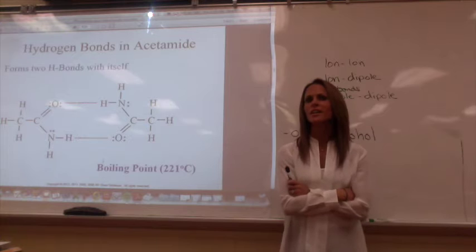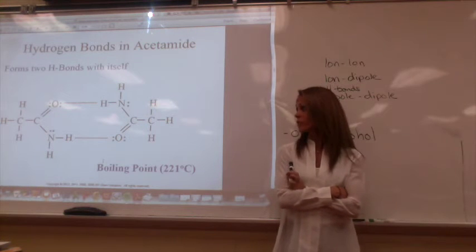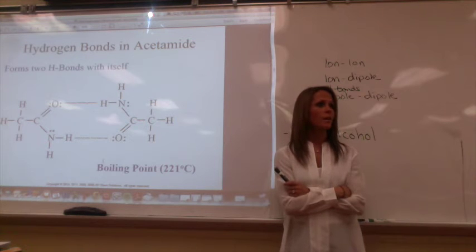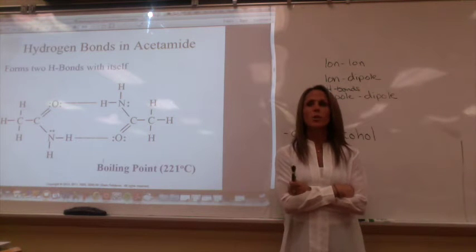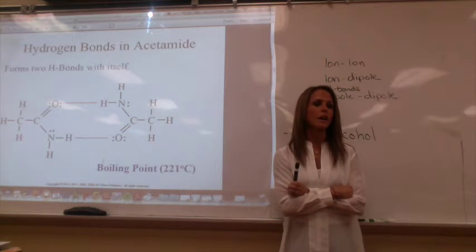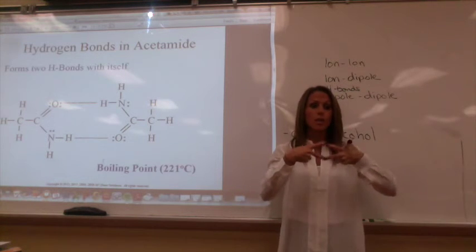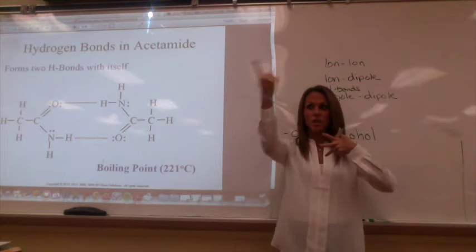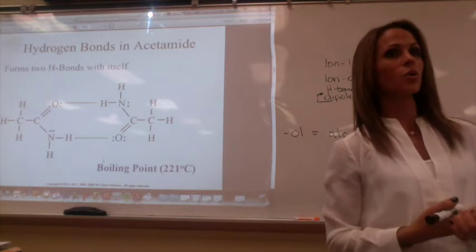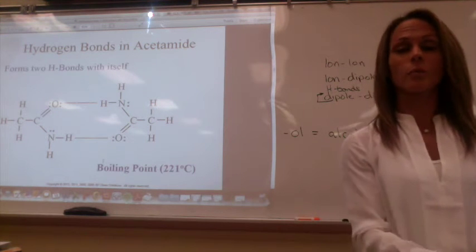Well, the hydrogen bonds are stronger in general, but why is acetamide, yep, has more hydrogen bonds? So when water hydrogen bonds to itself versus acetamide hydrogen bonding to itself, it can bond twice to itself, plus all the other molecules that are surrounding it. So the more hydrogen bonding there is in a molecule, the higher the boiling point will be. We'll get to those too.